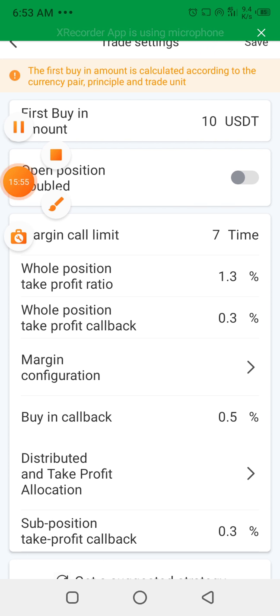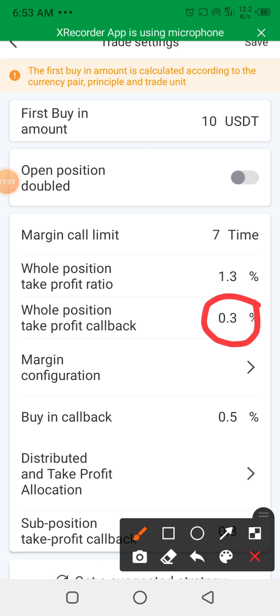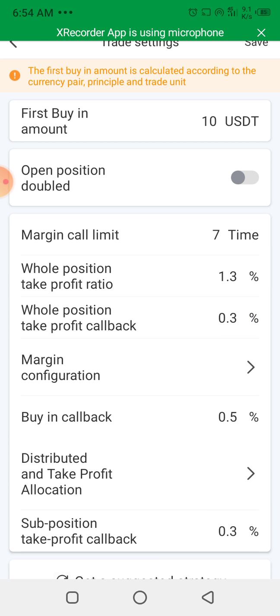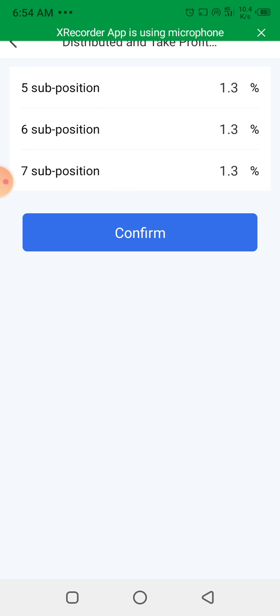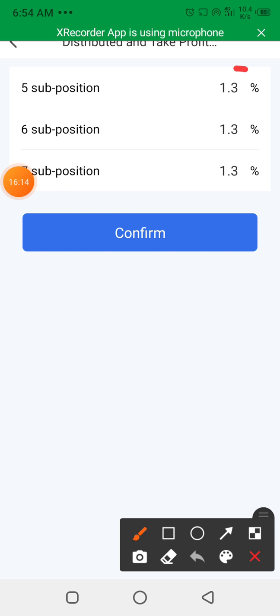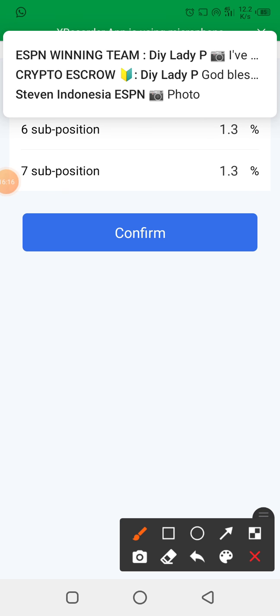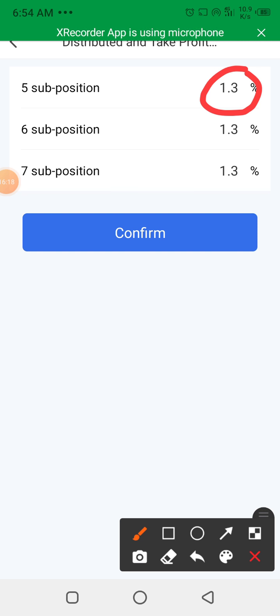So basically, this one and this one perform the same function. All right. And this one and the one inside here perform the same function. All right. So they control the trigger of the sells.